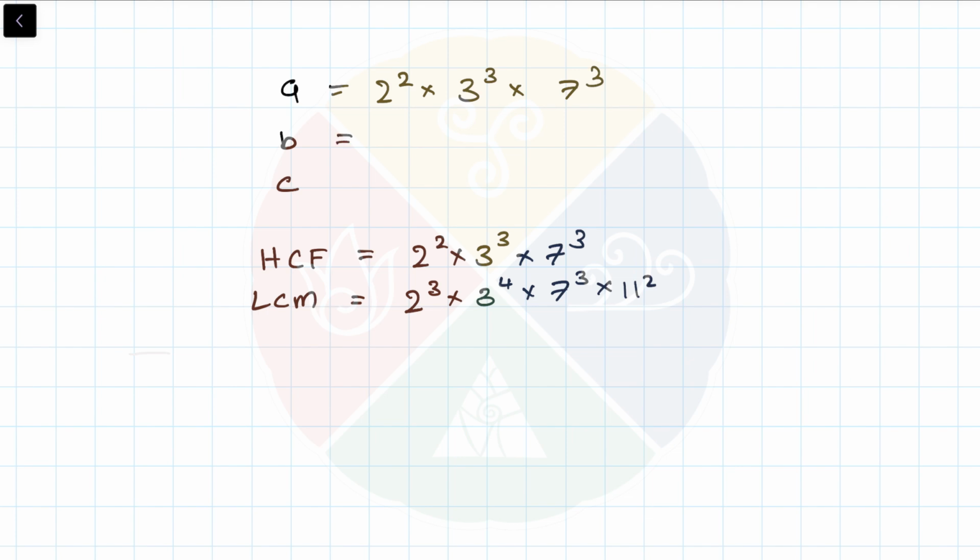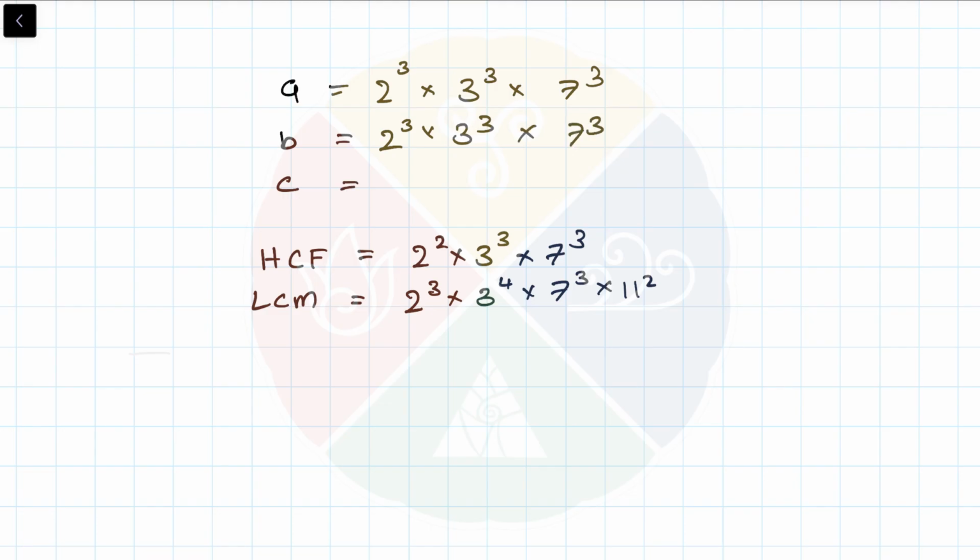The second number is 2 square into 3 cube into, I'm changing something slightly, I'm making this cube in both the numbers, 3 cube into 7 cube.